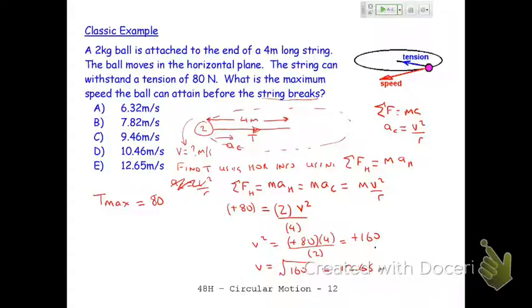And it's going to be meters per second. So not so bad. We just drew a good diagram and we applied Newton's second law. And we used this little bit of information that centripetal acceleration equals V squared over R.